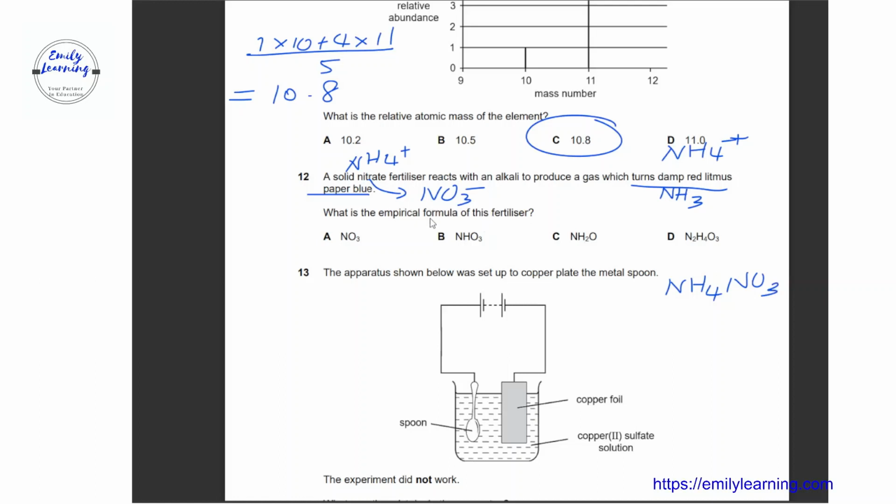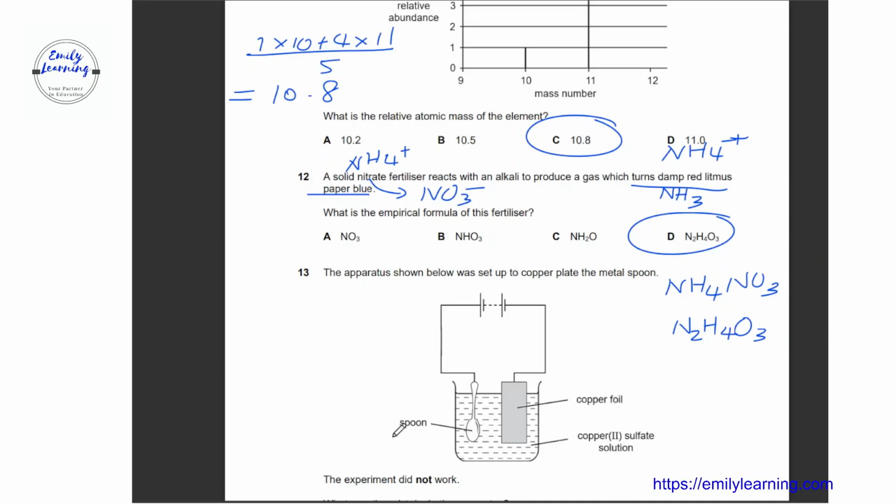And they're asking for the empirical formula. So there are 2 N here, 4 H here, and 3 O here. So the formula is N2H4O3, which is D. So the answer for this question is D.